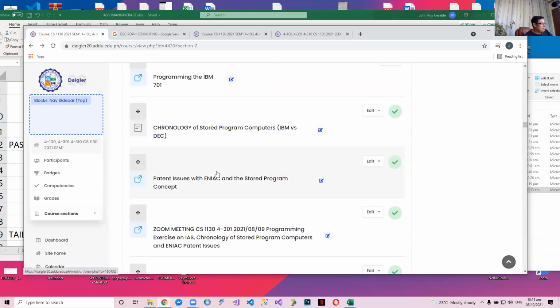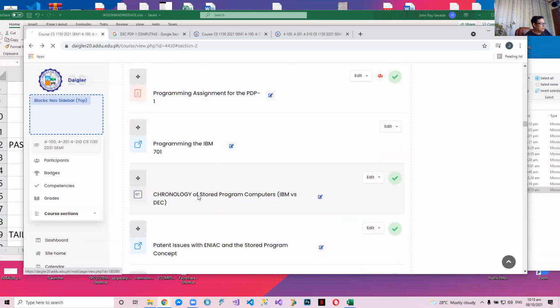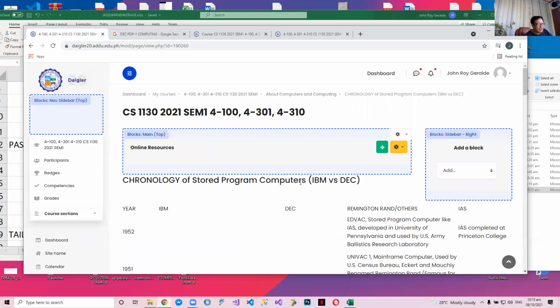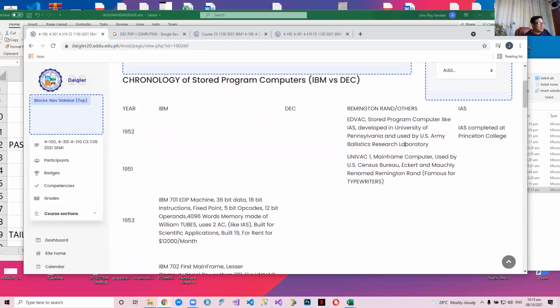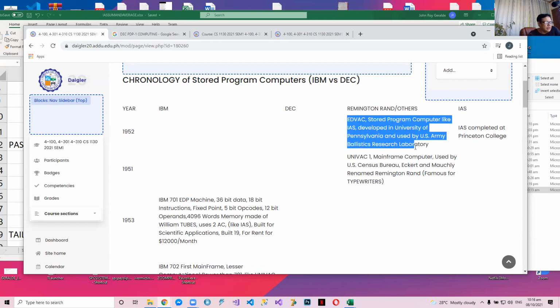So here's the chronology of the stored program computers right after the IAS. Now, there's something strange here. The IAS was completed in 1952 at Princeton. Now, remember the inventors of ENIAC, Presper Eckert and John Mauchly. They also produced the EDVAC in 1952, which was also considered a stored program concept computer.